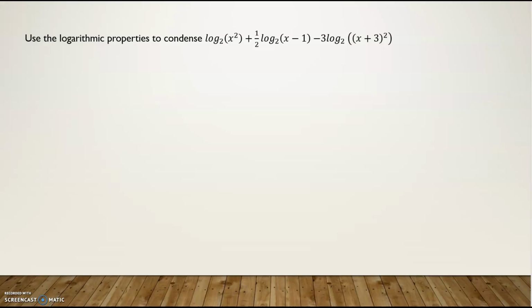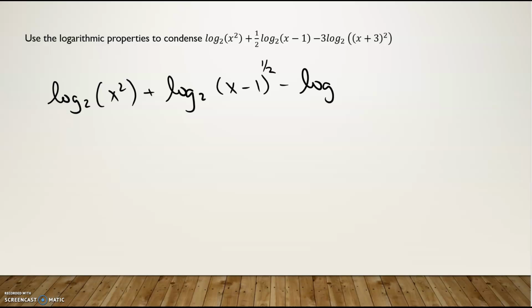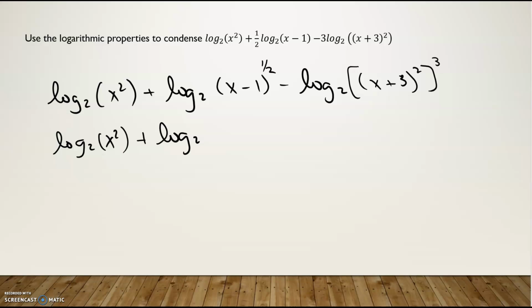So we've got log base 2 of x squared plus log base 2 of (x minus 1) raised to a half, minus log base 2 of (x plus 3 squared), and the whole thing raised to 3. So log base 2 of x squared plus log base 2. I'm going to write this as the square root of x minus 1 minus log base 2.